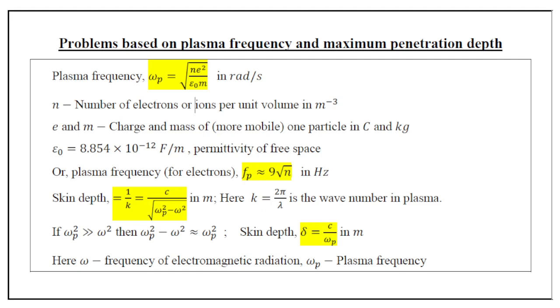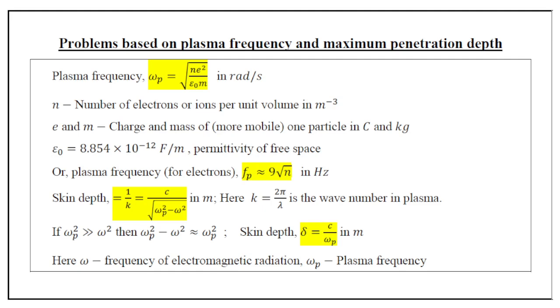And the skin depth is the penetration depth of the electromagnetic waves in a plasma. Skin depth is the distance at which the amplitude of the electromagnetic wave becomes 1 by e times the initial amplitude. It is defined as 1 by k, where k is 2 pi by lambda. It is the wave number in plasma. Lambda is the wavelength inside plasma.